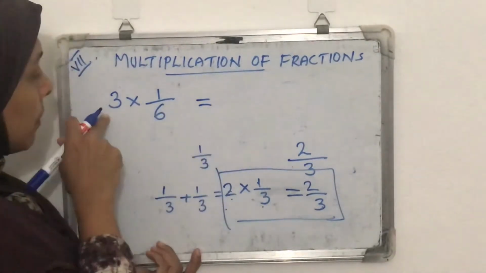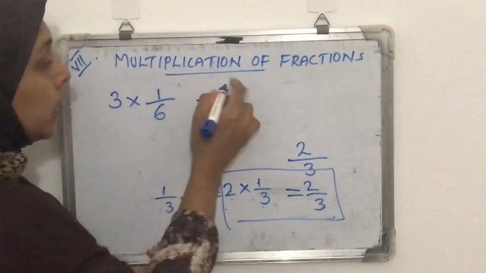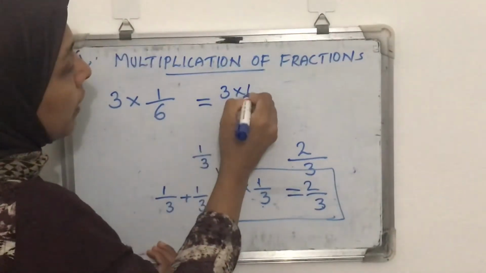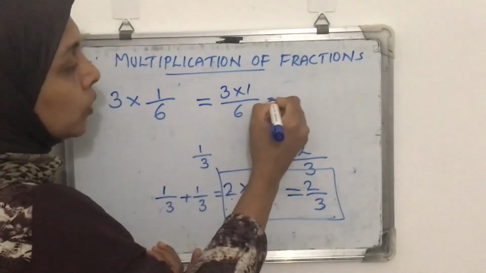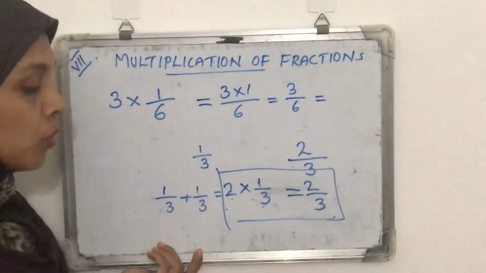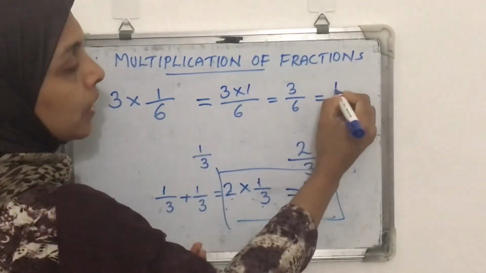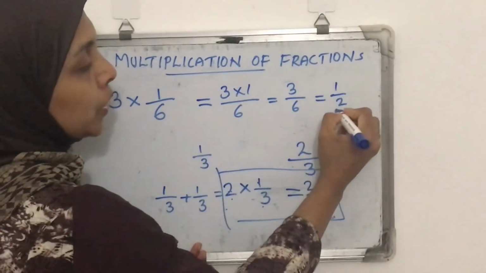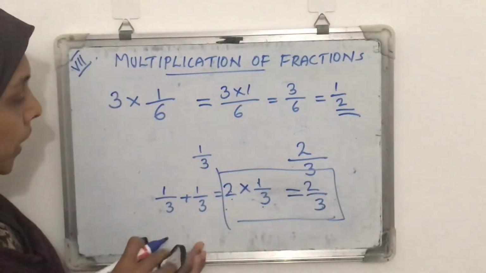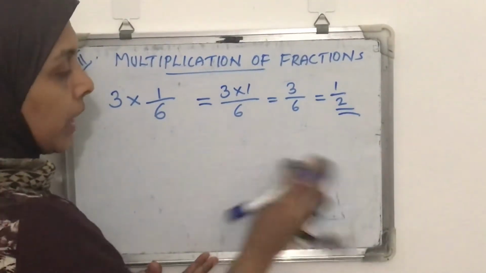We know the rule: multiply the whole number with the numerator. So 3 into 1 by 6 will be 3 by 6. So what is the lowest form or simplest form of this fraction? 3 by 6, again we can write it in simplest form as 1 by 2. Okay. So any whole number we can multiply like this with a fraction.